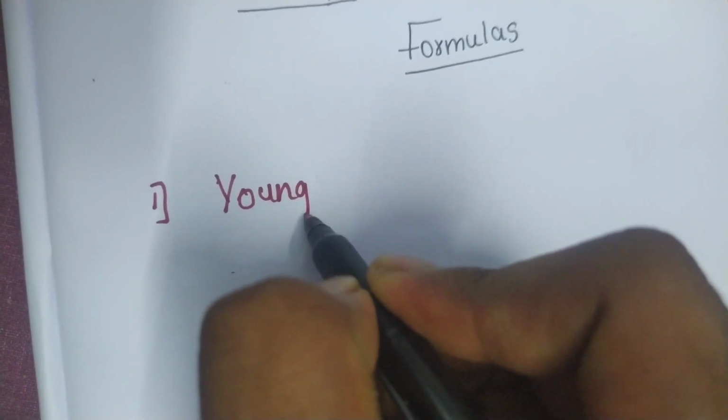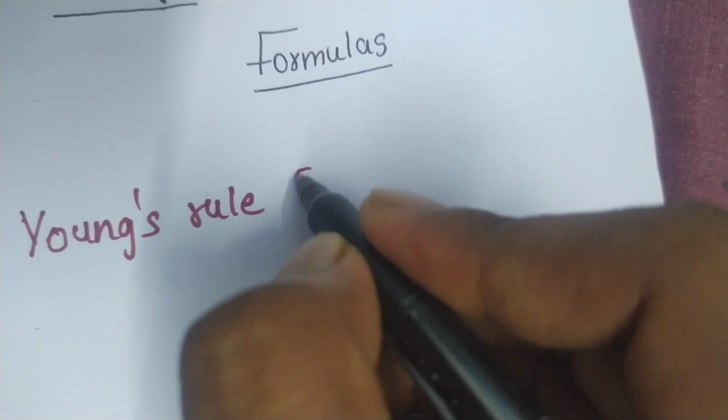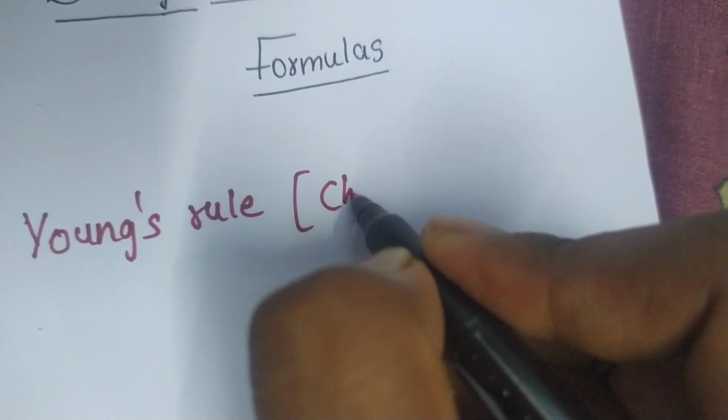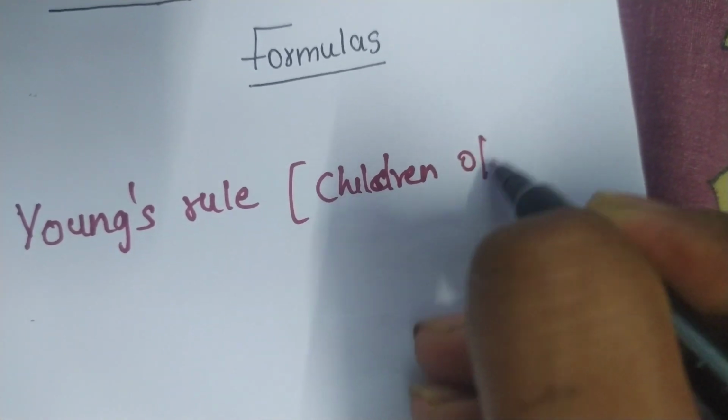Young's rule. This is for children of 2 years or older.